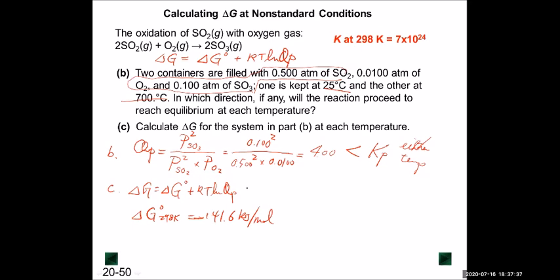For the non-standard free energy change, I use the standard value plus R, which is 8.314. This is in joules, so we need to convert to kilojoules, times temperature 298 Kelvin, times the natural log of Qp. Qp is 4.0.